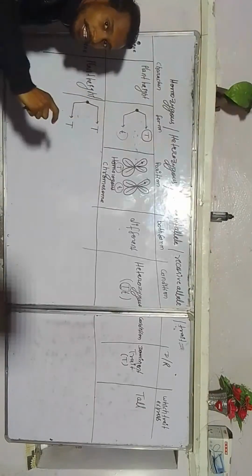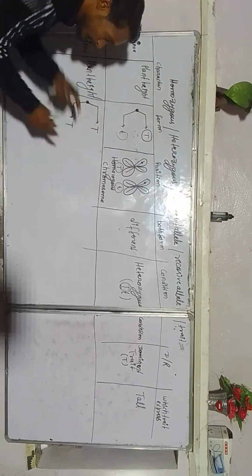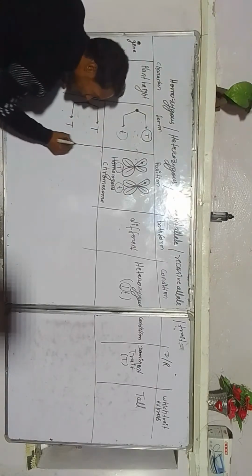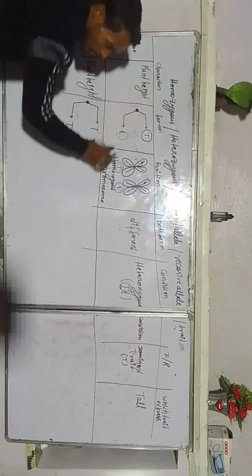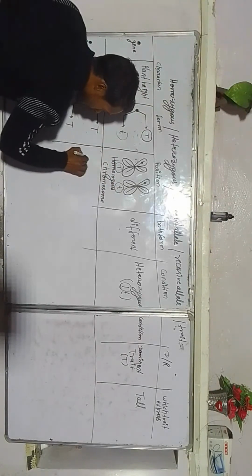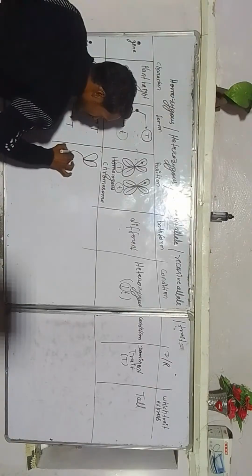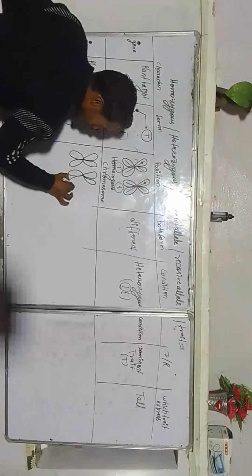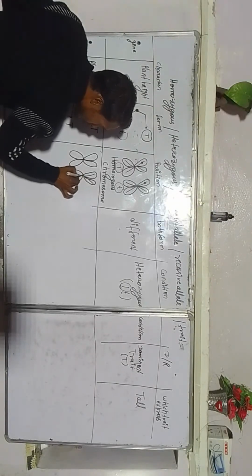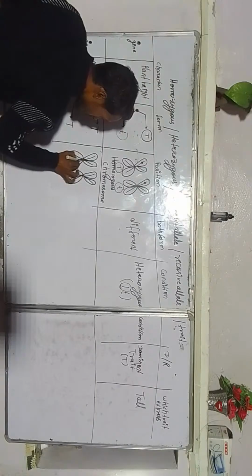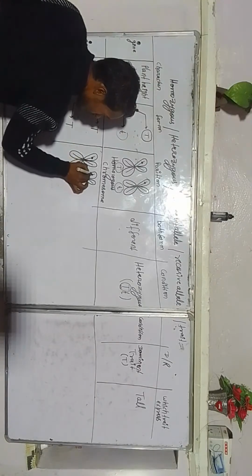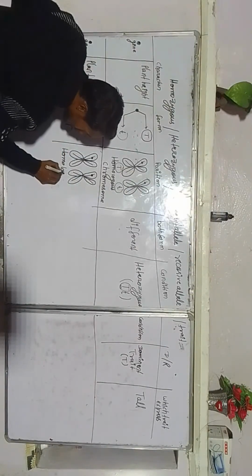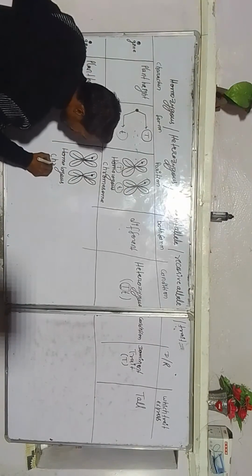Both forms of the allele are the same, capital T and capital T. Their position in the chromosome is the same, on homologous chromosomes, because chromosomes occur in pairs. Same locus, that means homologous chromosomes.